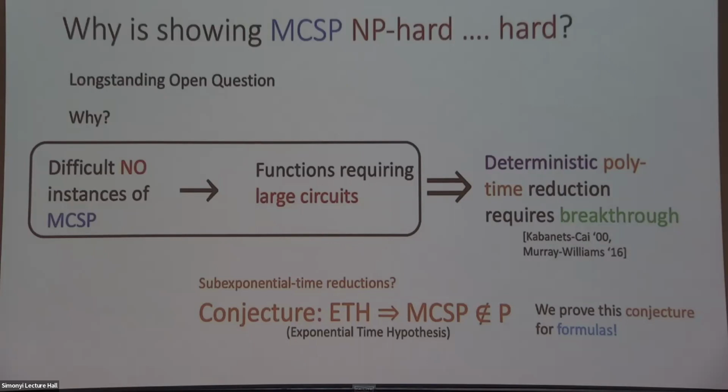So if you use a size parameter that's too small, your reduction is actually going to give you an algorithm. Does that make sense? Because of that, you're going to need to use size parameters that are large.